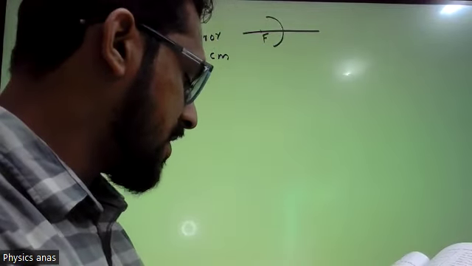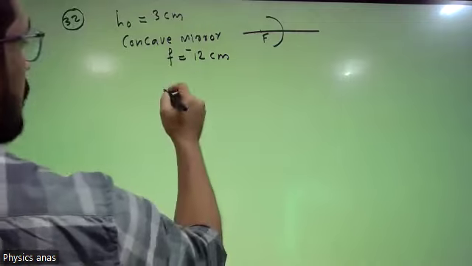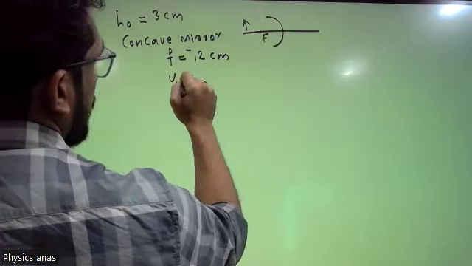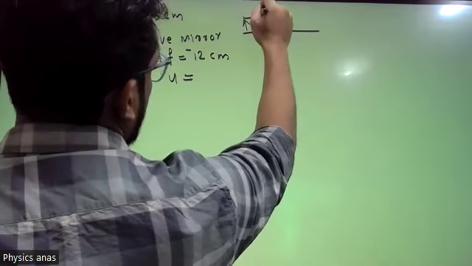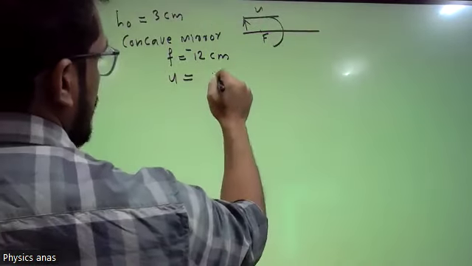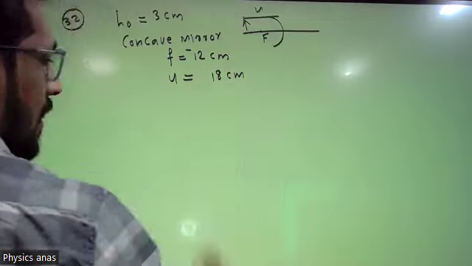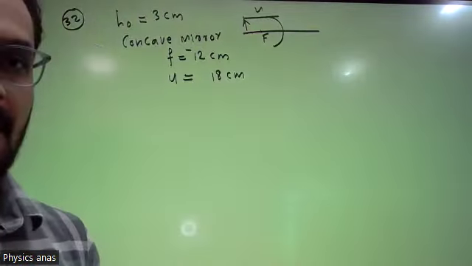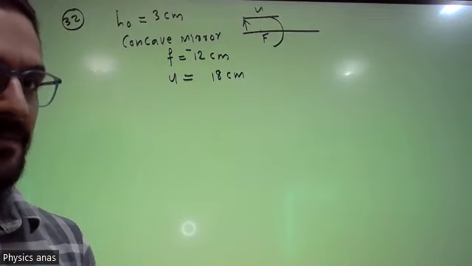If the distance of the object from the mirror is 18 centimeter, the object is placed here and the object distance is u. Object distance is 18 centimeter. What is the sign of 18? Positive or negative?